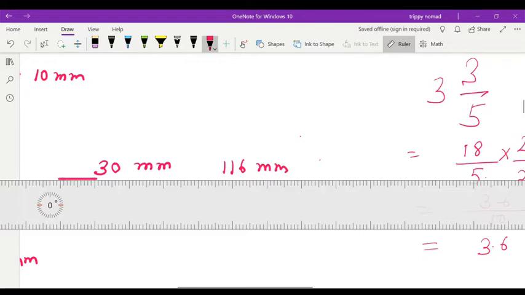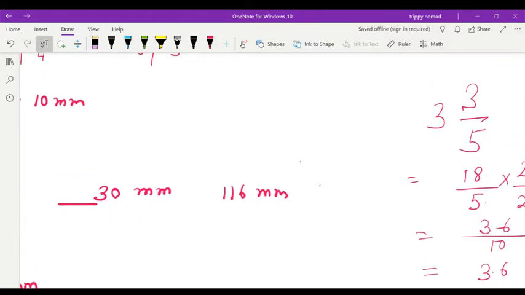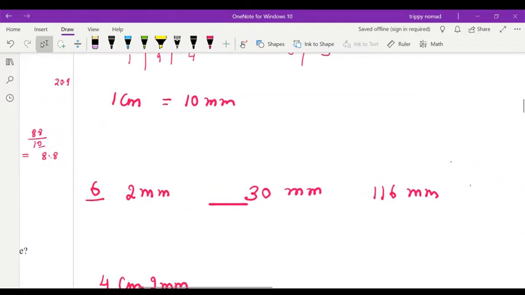So in 1 centimeter, how many millimeters are there? 1 centimeter is equal to 10 millimeter. I hope you understood. 1 millimeter is equal to 1 upon 10 centimeter. So you have to do it like that.